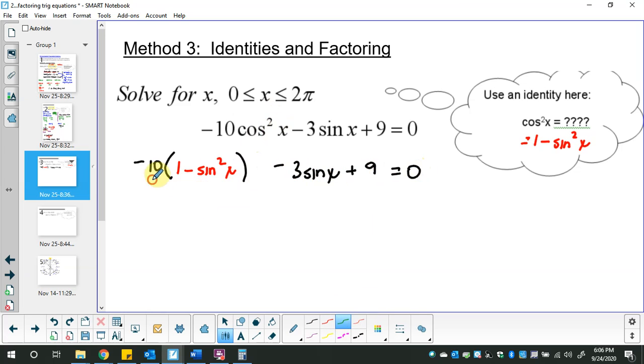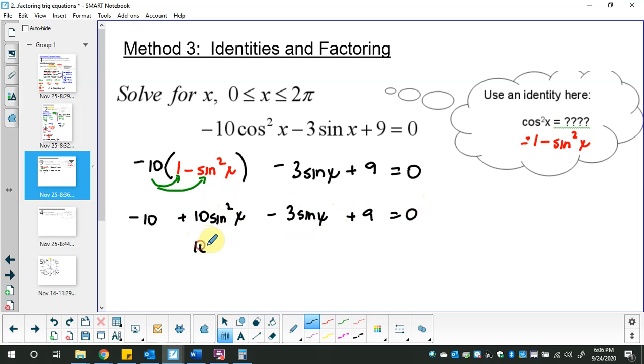We're going to have to multiply this bracket out. -10 plus 10 sine squared x minus 3 sine x plus 9 equals 0. 10 sine squared x minus 3 sine x, -10 plus 9 is -1 equals 0.